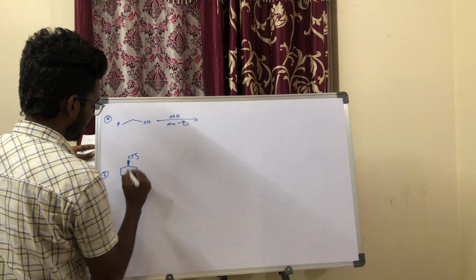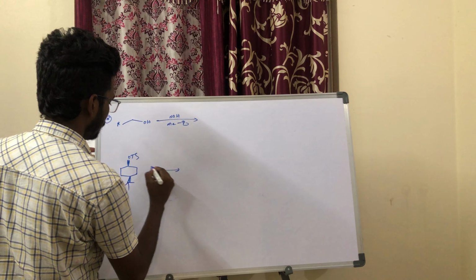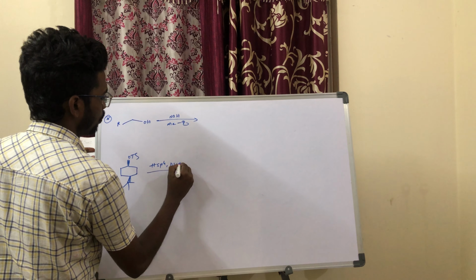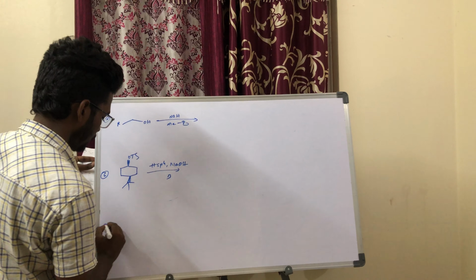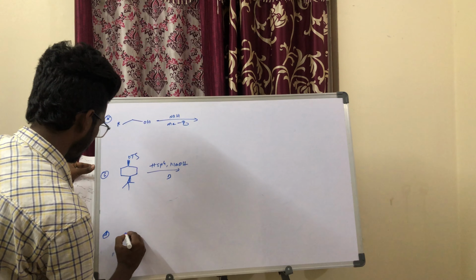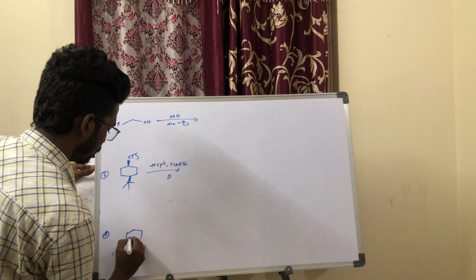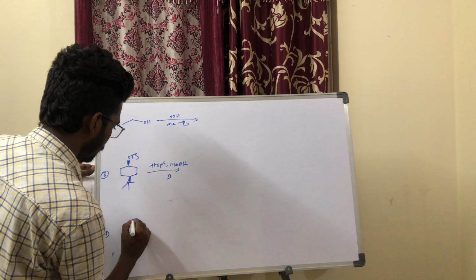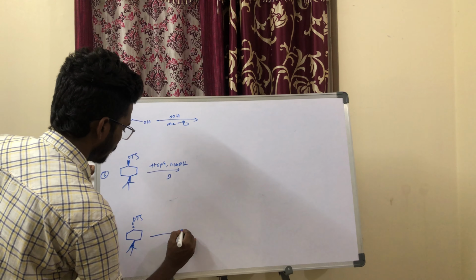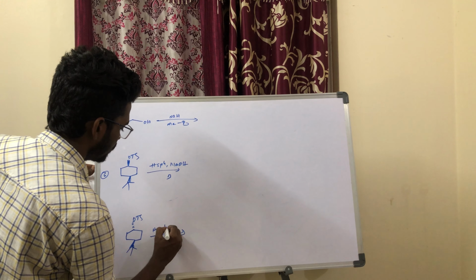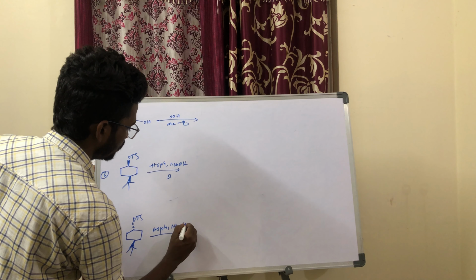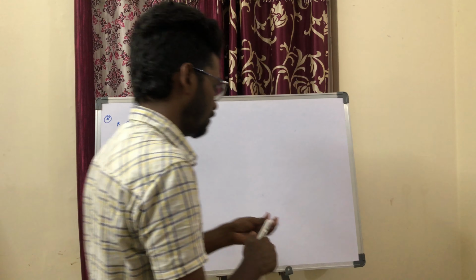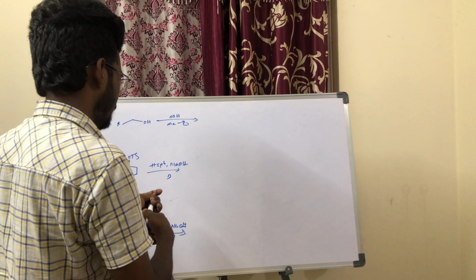Here you have OTs, with NaSPh, NaOH, as well as heating. So here it is below the plane OTs, and the same NaSPh, NaOH, heating. You can see these questions, so that we are going to conclude this lecture.